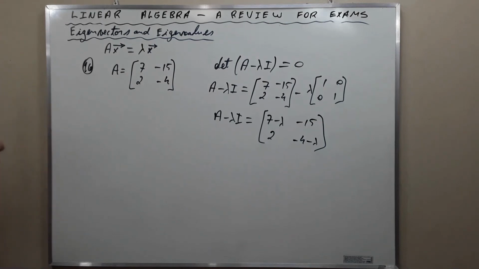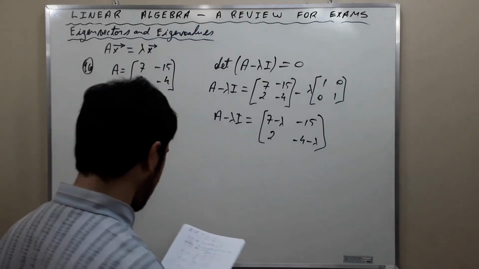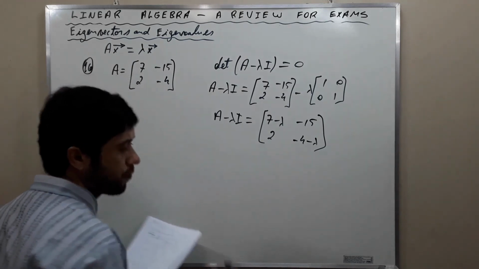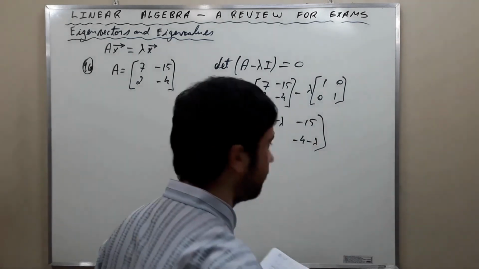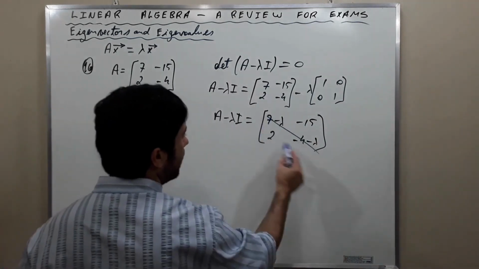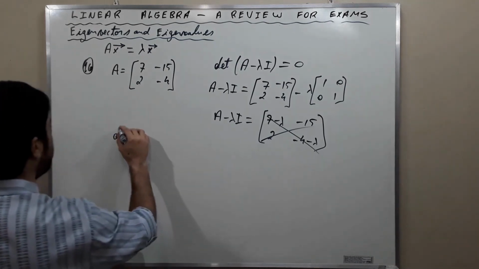We need to find the determinant of this matrix, and we are going to multiply the diagonal entries and the off-diagonal entries.